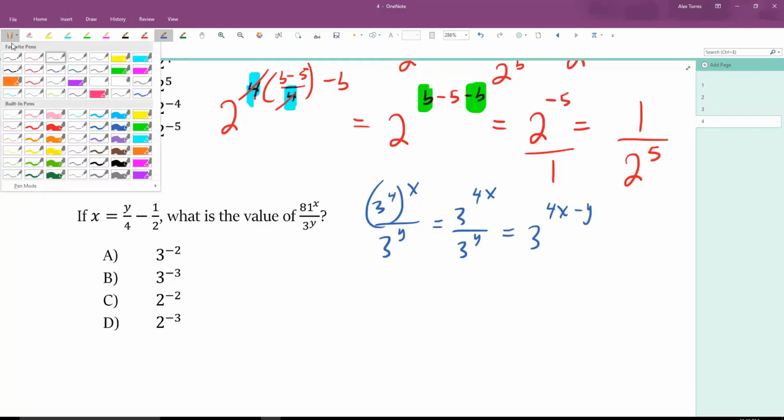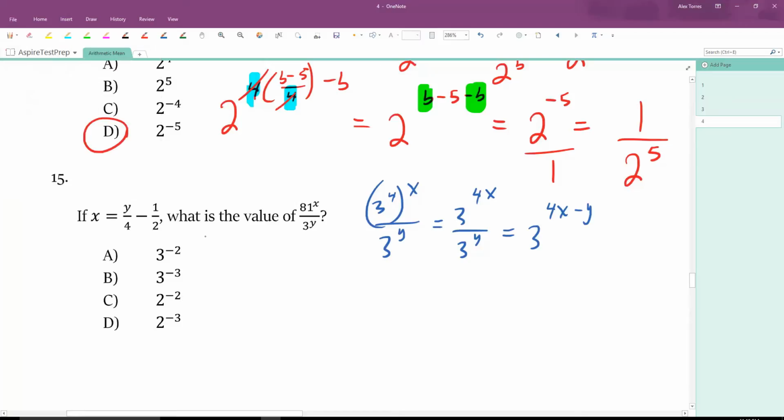Now we can go ahead and substitute in for x what x is equal to. So we have 3 to the 4 times y over 4 minus 1/2, minus y. So we have a 4 that we can distribute into this expression.